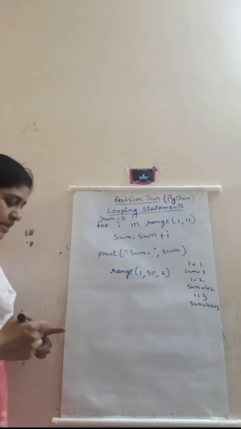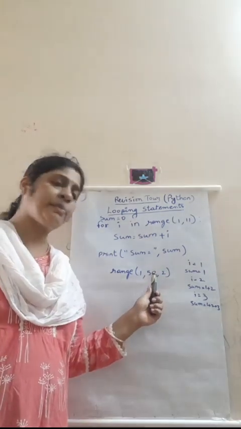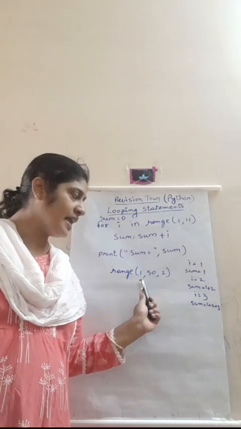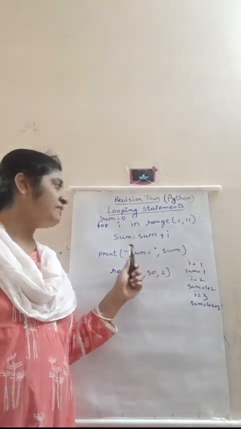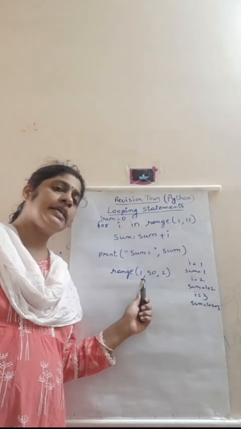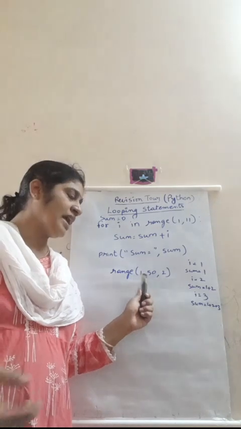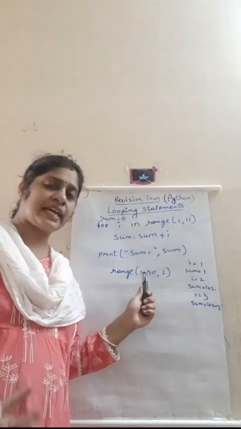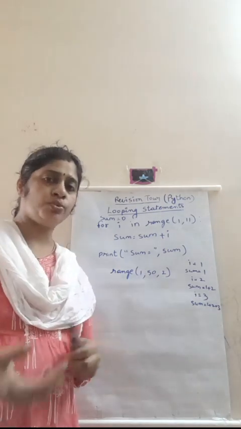What will happen? The loop will start from 1 and it will go up to 49. Every time it will increment the value of the control variable by 2. First value will be 1, second value will be 1 plus 2, 3, third value will be 5, fourth value will be 7. Like that, every time it will increment the value by 2.